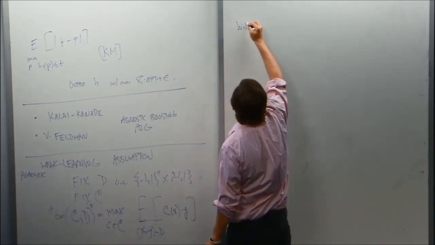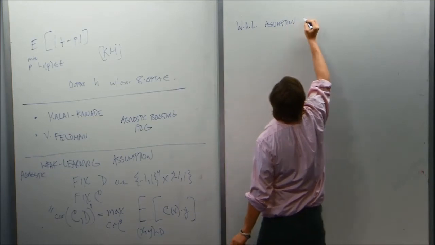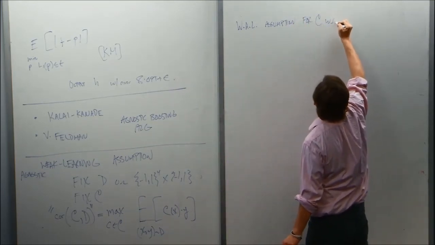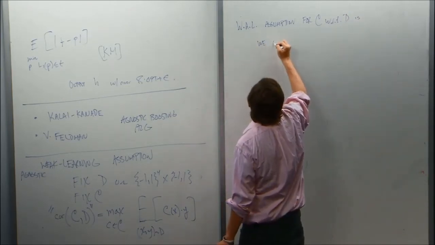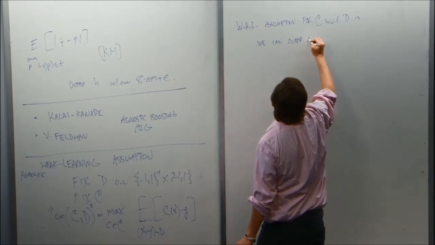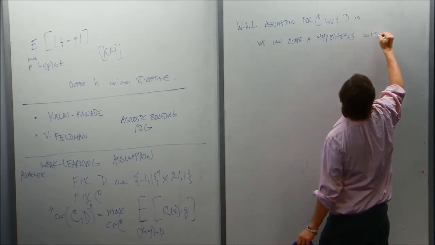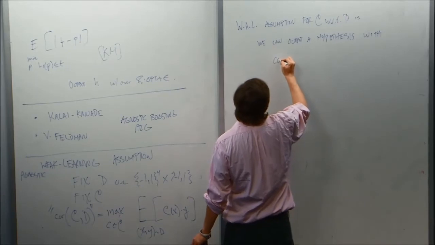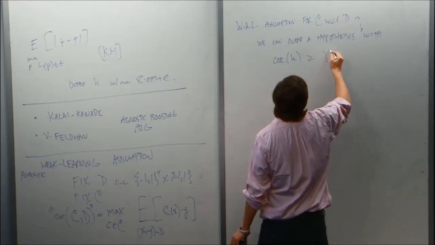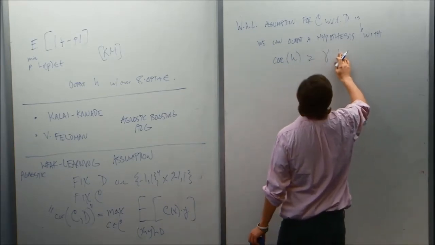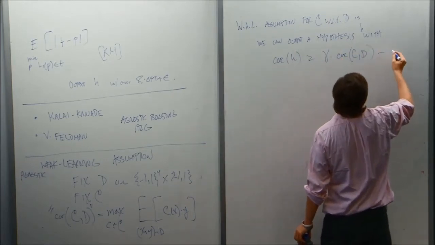And the weak agnostic learning assumption for C with respect to D is that we can output a hypothesis, given random examples from D, with correlation equal to gamma times corr(C, D) minus epsilon 0.